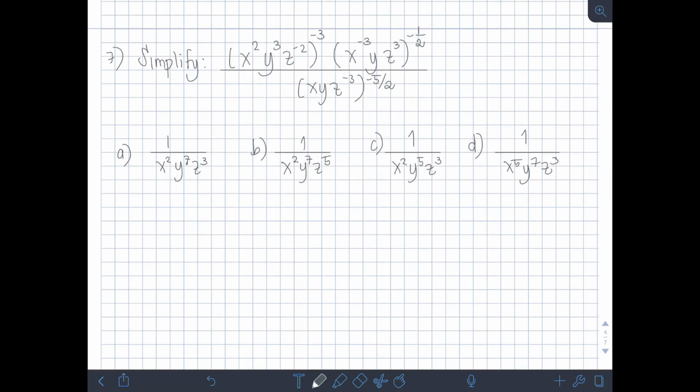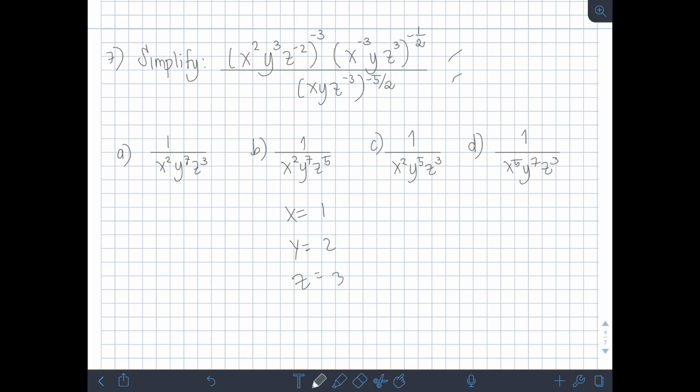Next, we have: simplify the quantity x squared y cubed z to the negative 2, all raised to negative 3, times the quantity x to the negative 3 y z cubed raised to negative 1/2, all over the quantity xyz raised to negative 3, all raised to negative 5 over 2. This expression is very complicated, but all you really need here are the laws of exponents. But using the calculator technique, you can set a value for x, let's say 1, y, let's say 2, then z, let's say 3.